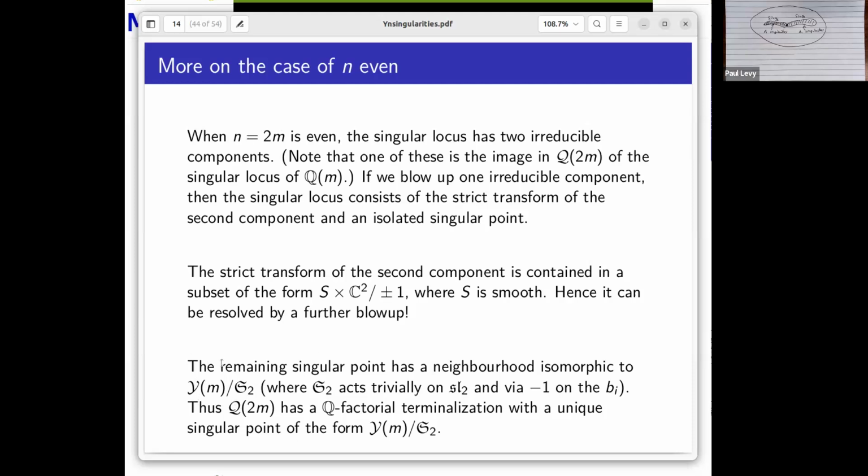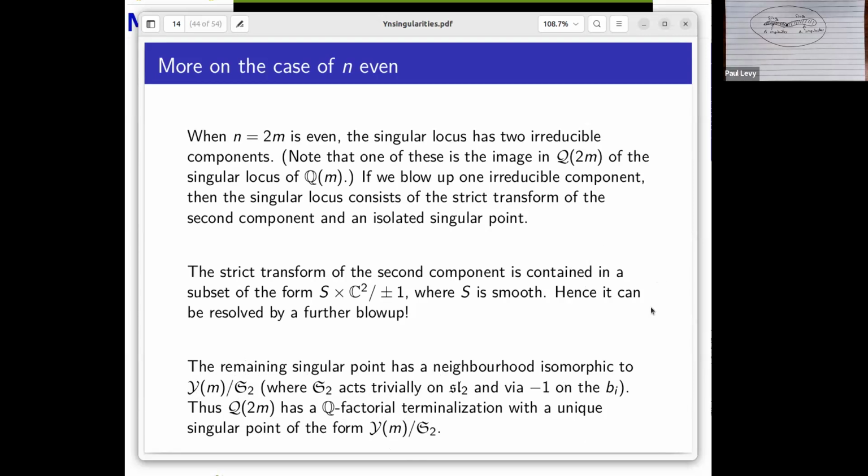So we've got a singular point which is not Y of n anymore. It's Y of m over S2, and we can specify the action. So that's still an isolated singularity, and we've got a unique singular point that looks like this, right?